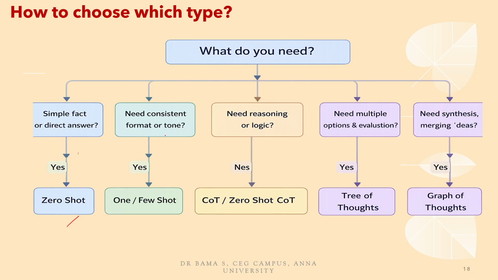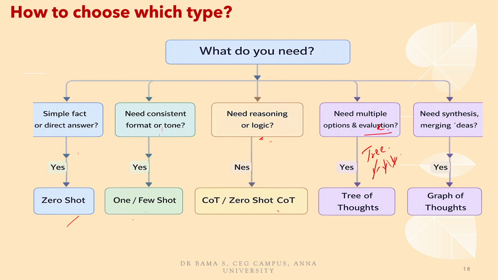If it needs a consistent format or tone, it is 1 shot or few shot. If it is more reasoning or logic, like arithmetic or logical questions, then it is chain of thought or 0 shot chain of thought. And if we have multiple options and evaluation, where we have everything in parallel, then it is tree of thought.